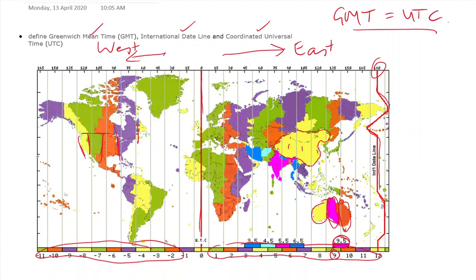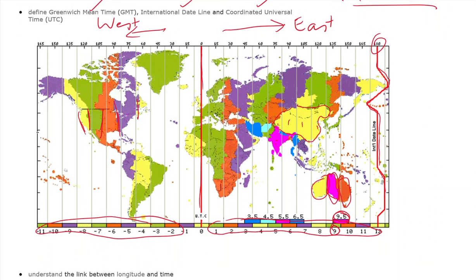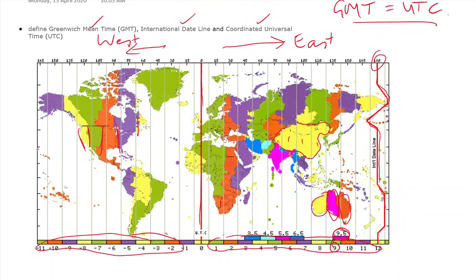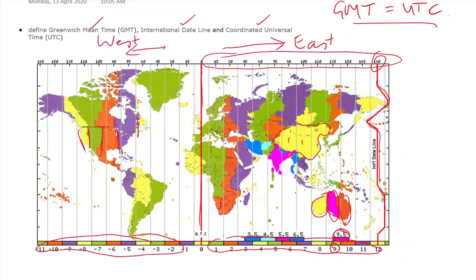Okay. So next thing is understanding the link between longitude and time. Essentially, these are the longitudes up here: 15 degrees, 30 degrees, 45 degrees east of the prime meridian, and these are the ones west of the prime meridian.